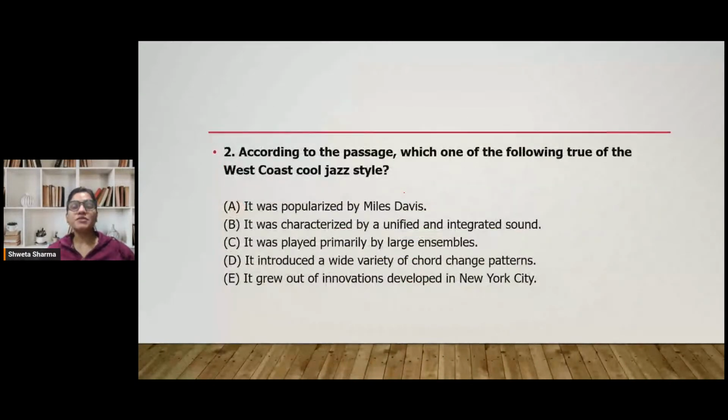According to the passage, which of the following is true of the West Coast cool jazz style? Try it out, then I'll discuss it in 30 seconds. Quickly have a look at this, guys. One minute, maybe max. Eliminate the options.